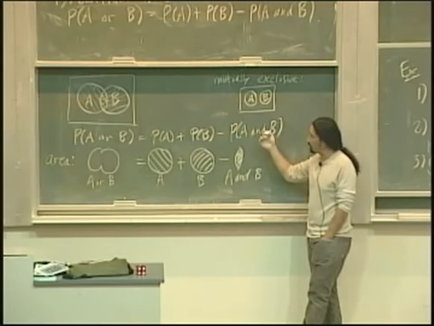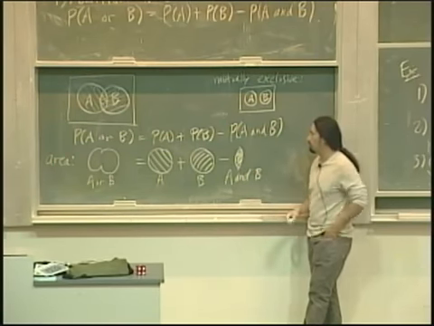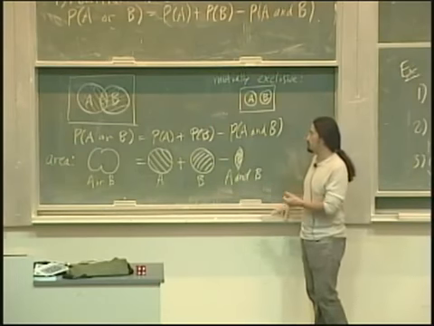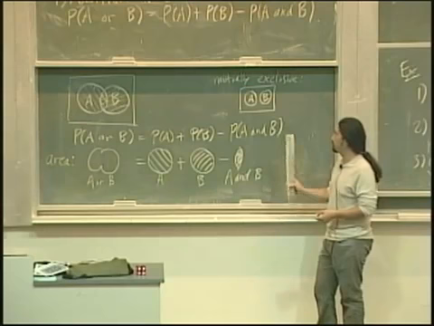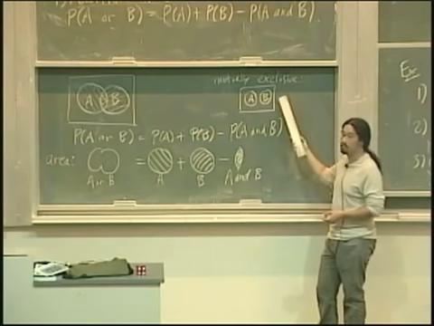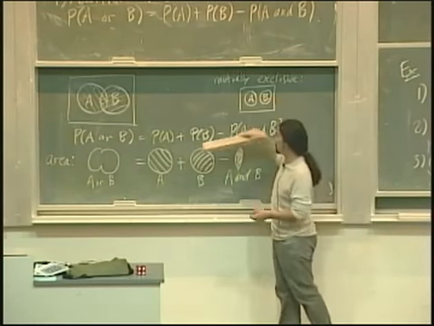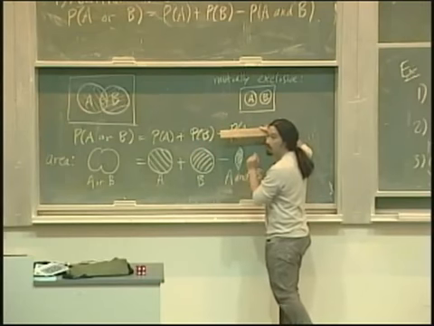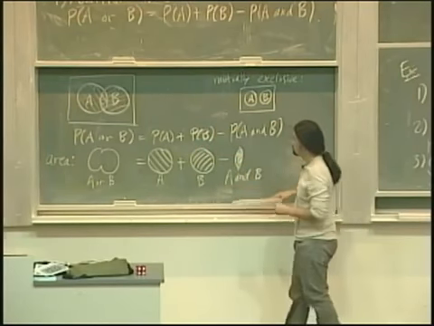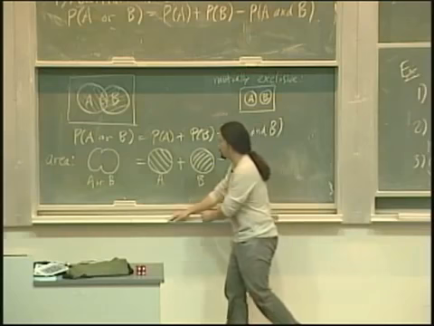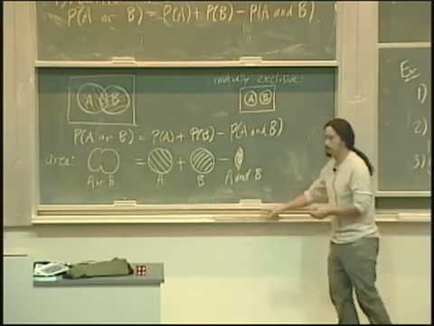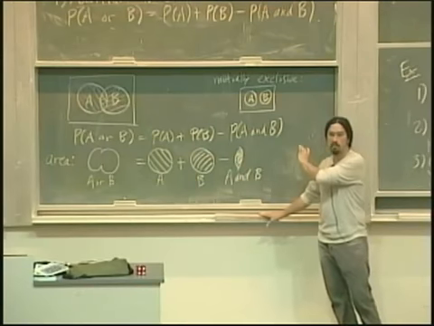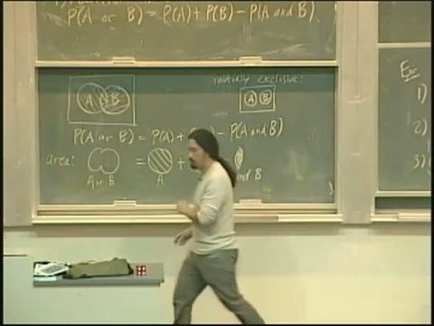The correction is relatively simple, but the book doesn't include this more general form of the addition rule. The book just says, if it looks like this, then the probability of A or B is just probability of A plus probability of B, okay? Sort of a special case of this. I'll talk about that a little bit more later, but I just wanted to mention that the book is a little bit different for this. Okay? Questions on this general idea?